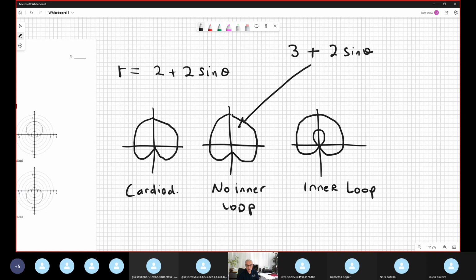This is this, because this number is bigger than this number. And suppose now r equals 2 plus 3 sine theta. This is that, because it's the same 2. More clear now? Now it's clear. Thank you so much, Professor. Okay. Don't forget, this is B.